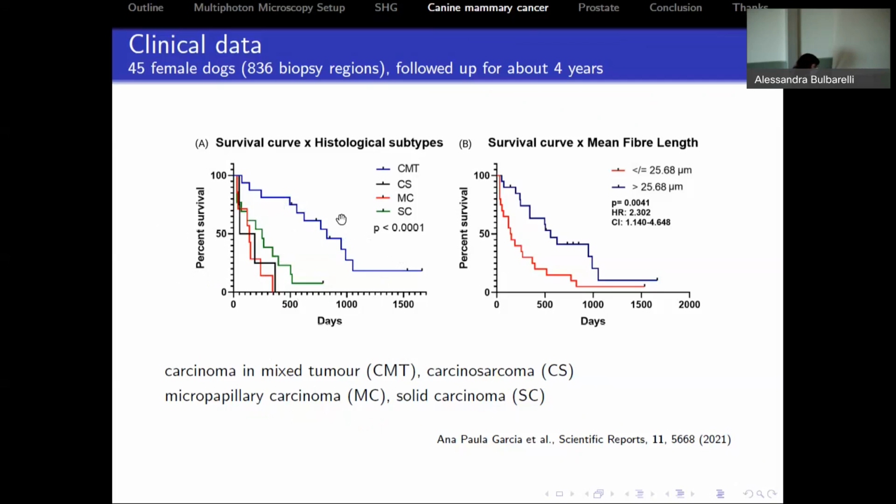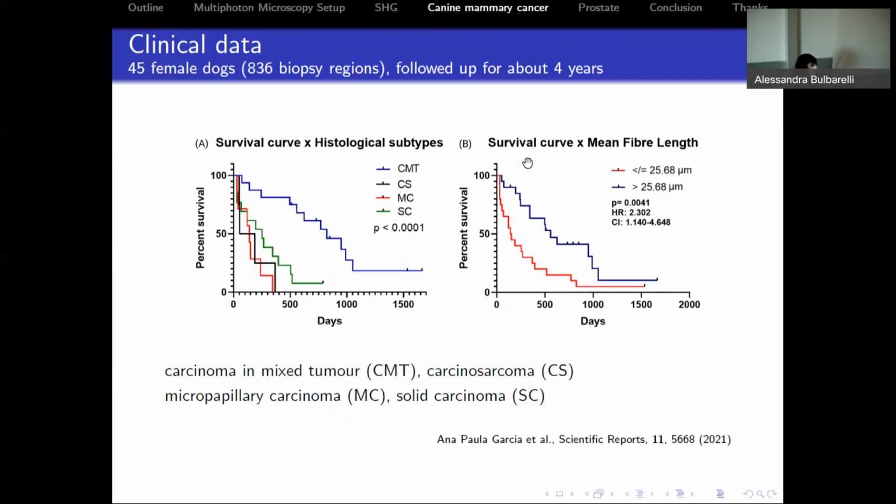Of course, the most aggressive ones showed very short survival time, but it was difficult to separate them. The survival curves are quite mixed.